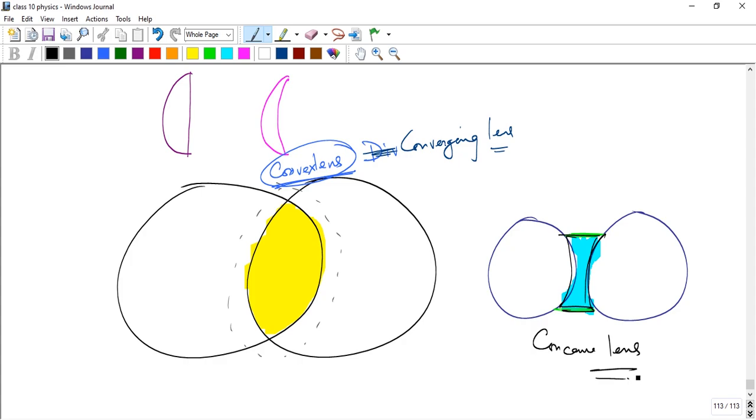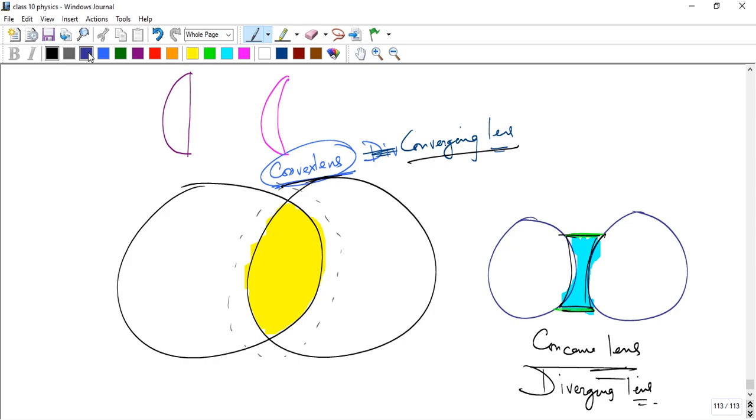So this is a convex or converging lens, and this is a concave or diverging lens. Now we discuss some basic important key terms.